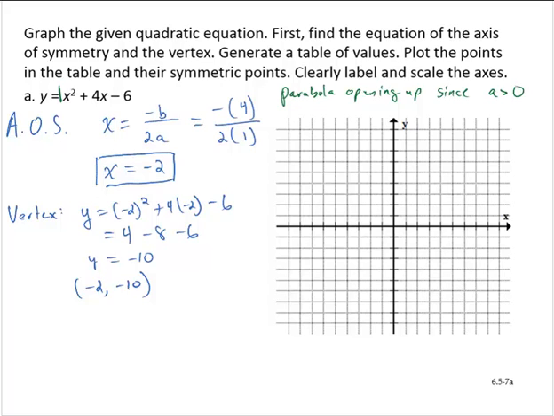The vertex is negative 2, negative 10, and I have symmetry about that line. So in creating a little table of values here, I don't need to do as much work as I've done in the past.